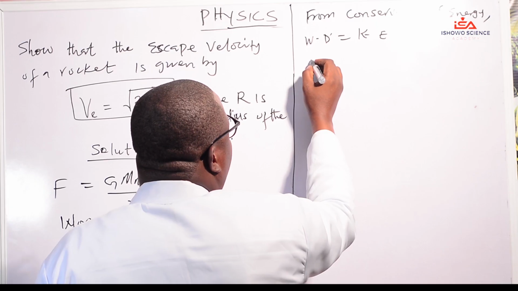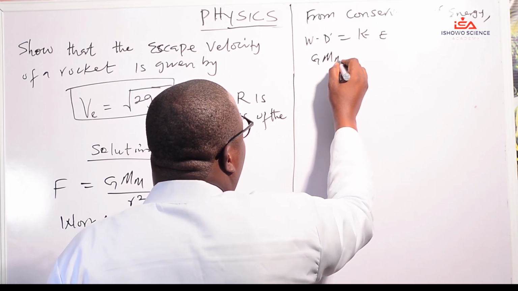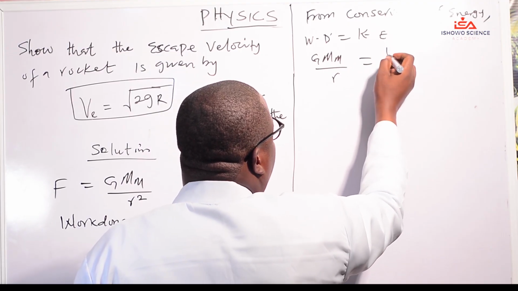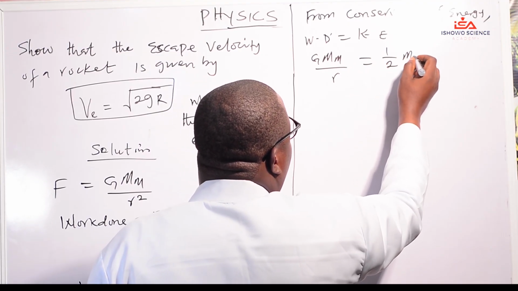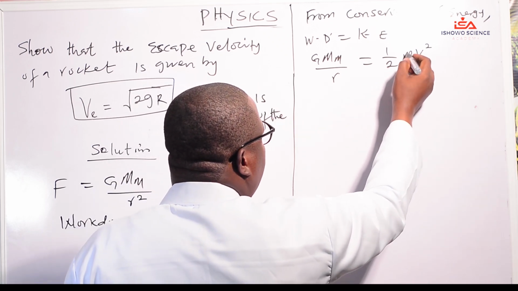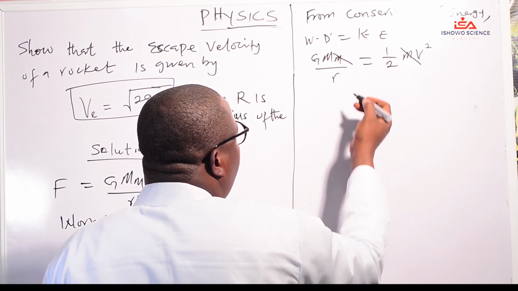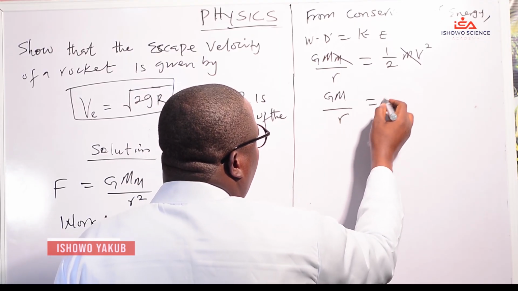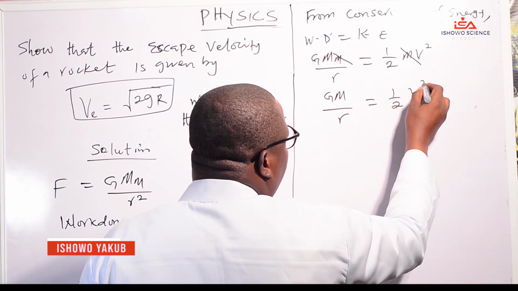So what is our work done here? GMm over r equals, what's our kinetic energy formula? Half mv squared. So we can say that this m and this m will cancel out. So we have GM over r equals half v squared.